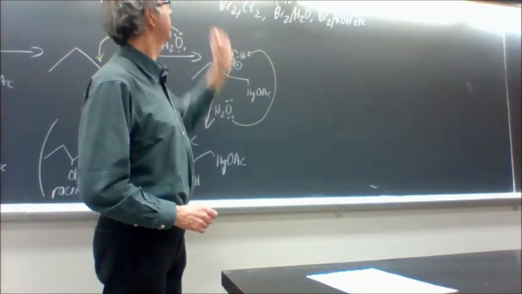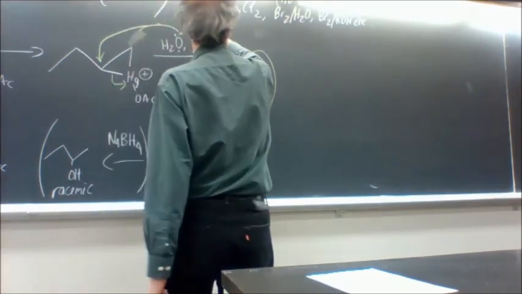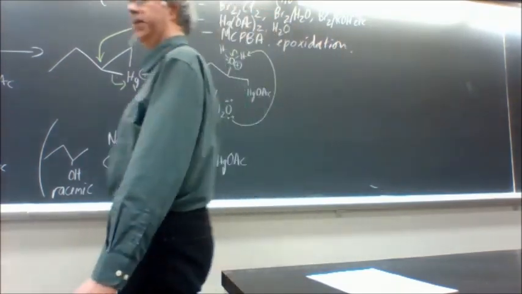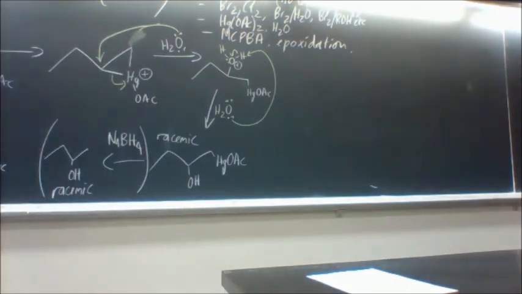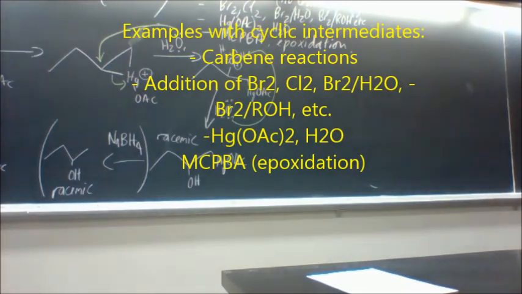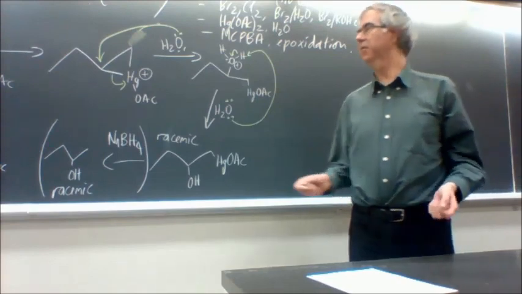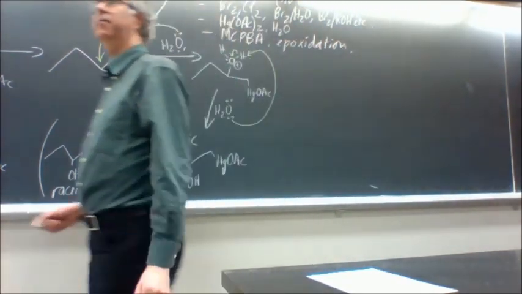And then the epoxidation reaction. Those are all examples of the cyclic intermediate. So I could pick any of those. Last year's exam I think had a carbene on it, but who knows what I'll pick this time. I haven't written that properly.